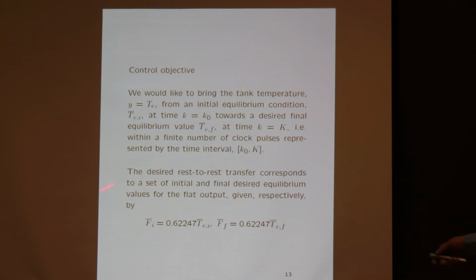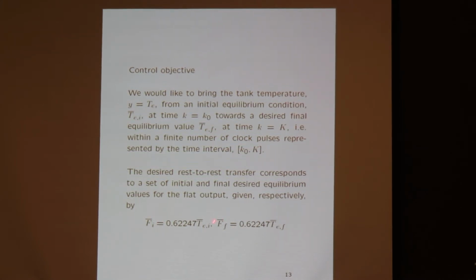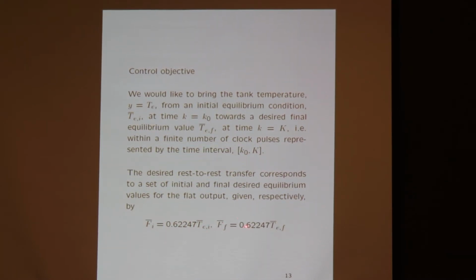So the equilibrium relations between the initial value of the flat output and the final value of the flat output in terms, let's say, of the output temperature is a one-to-one relation in which you say, I want this equilibrium value for the output temperature in steady state. This will have to be the initial value of the flat output, and this will have to be the final value of the flat output.